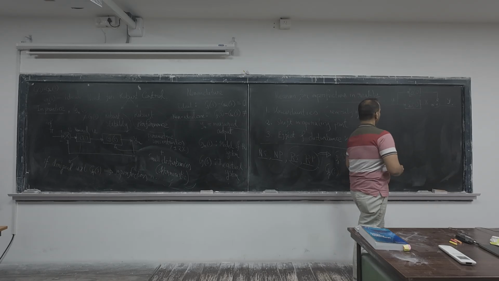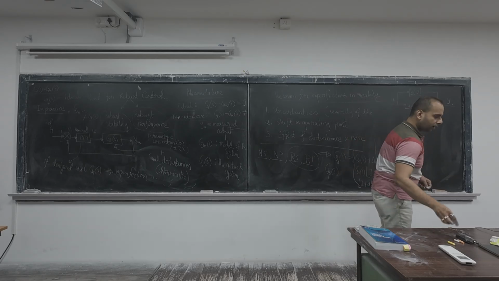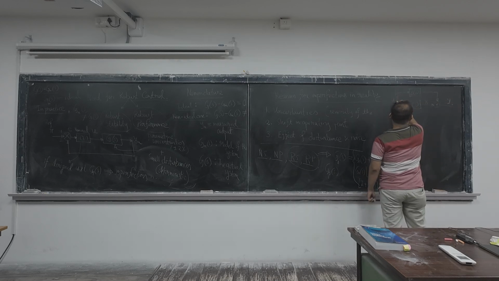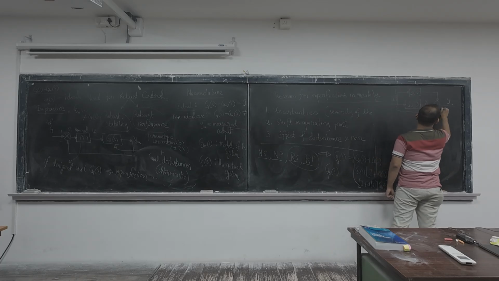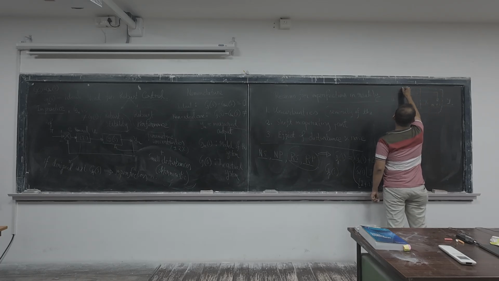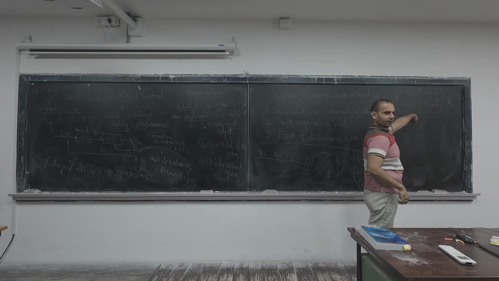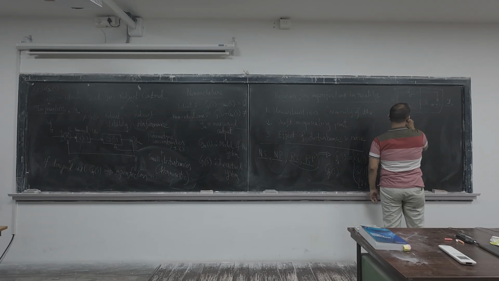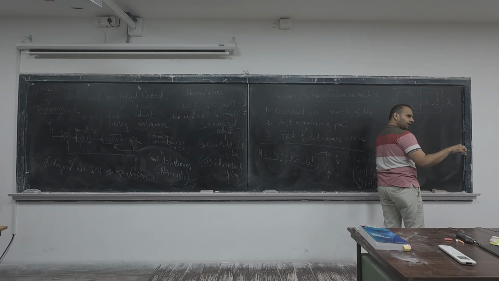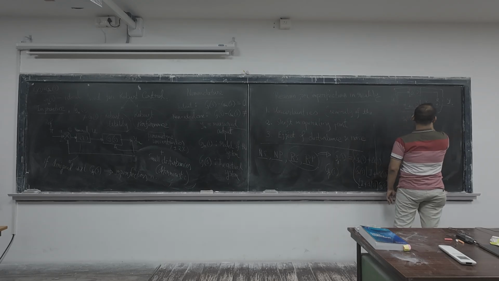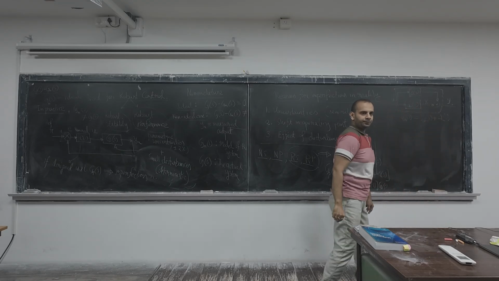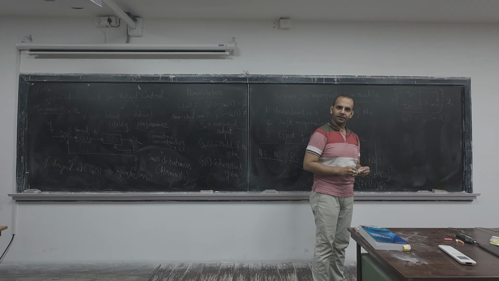So in that way, this whole thing as a whole will be your actual plant, which is represented by G delta of S. It is a name which we are giving, right? G delta of S equals G0 of S plus delta of S. This is the additive uncertainty representation.